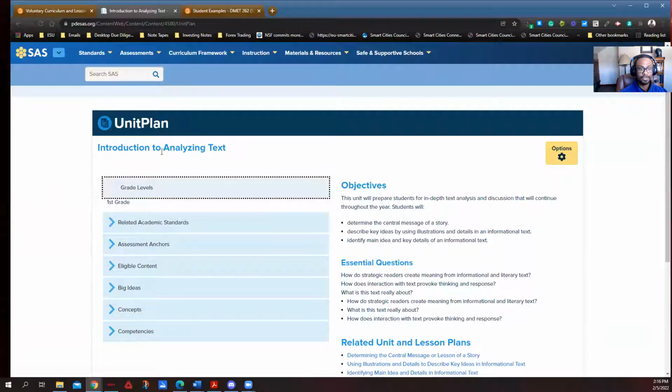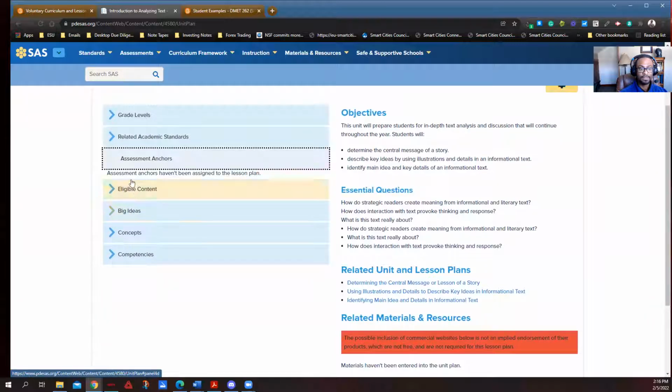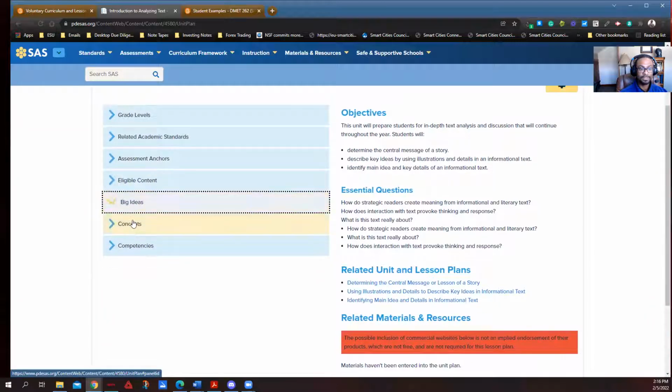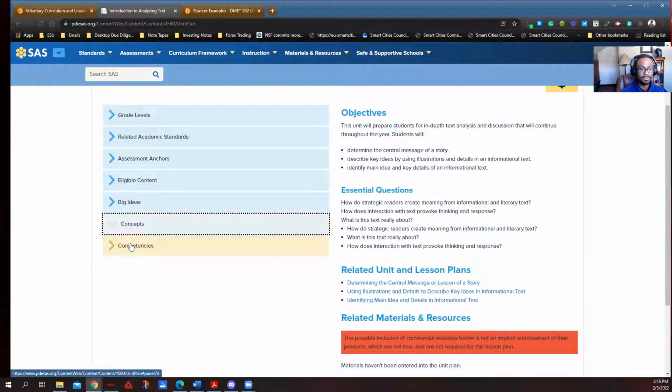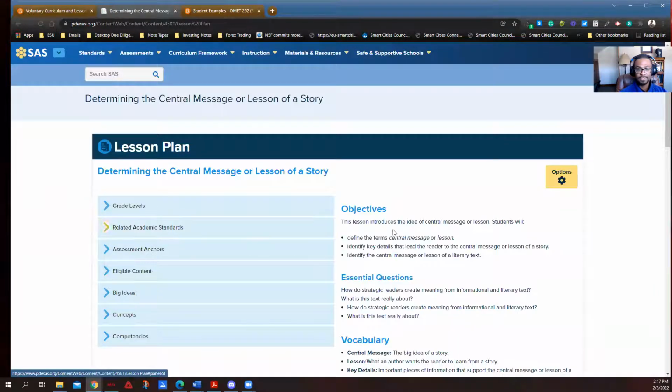Introduction to analyzing text, first grade. Here are the standards. Here are some anchors, assessment, eligible content, big ideas, concepts, competencies. I don't know why I don't have those filled out, but here's a basic outline of the lessons.